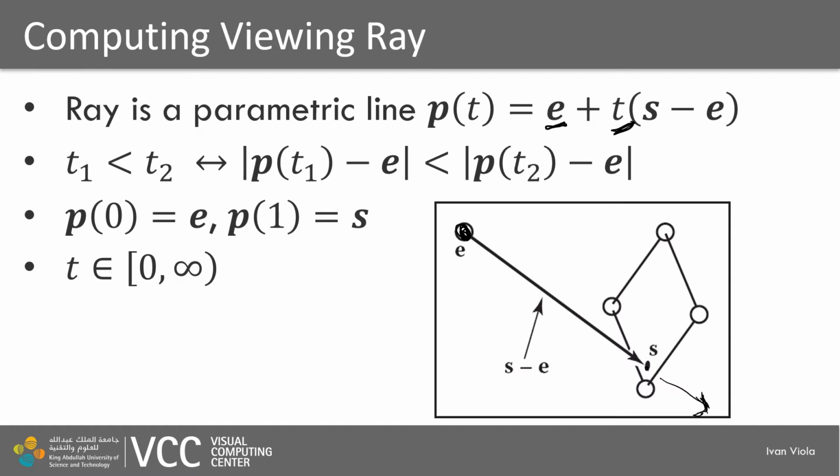So if T is equal to 0, then the point defined on the line P(T), P0, will be E. If T is 1, then E minus E will cancel each other out, and the point on the line will be S. Normally we will be looking at the scene with such a viewing ray for T values higher than 1 until some maximal value, which we will define as the maximal possible depth of the scene.